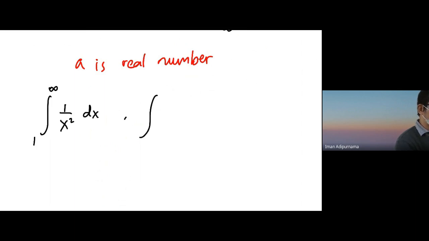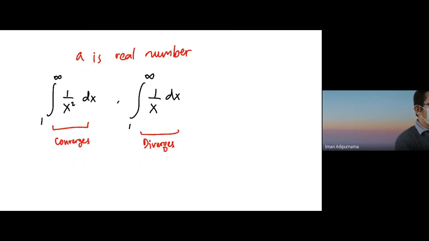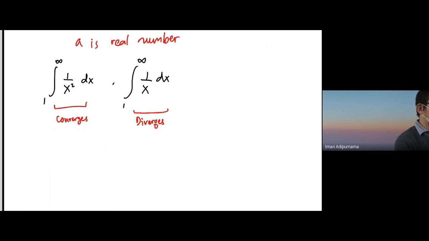we have this and this, right? This converges, right? And this diverges. Now, can we initiate some general formula or general rules?